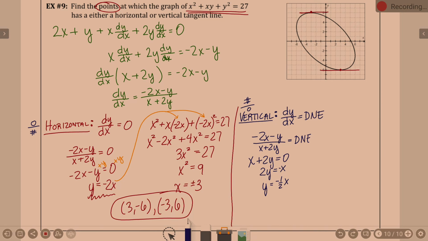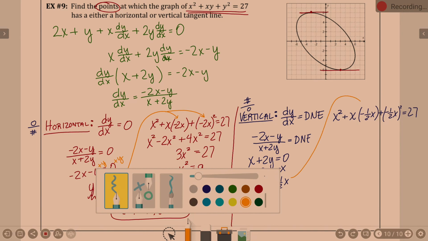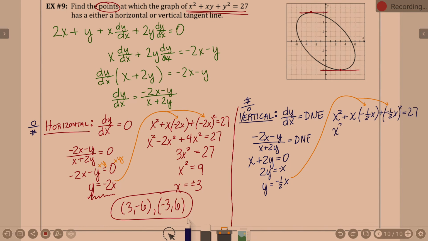x squared plus x times, what's my y this time? Negative 1/2 x, plus y squared, so that's negative 1/2 x quantity squared equals 27. x squared minus 1/2 x squared plus 1/4 x squared equals 27.